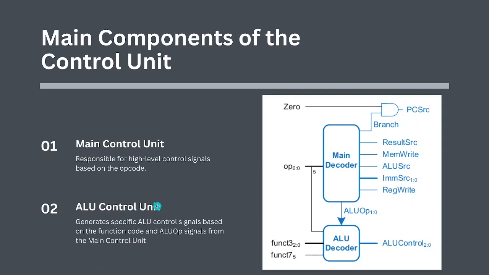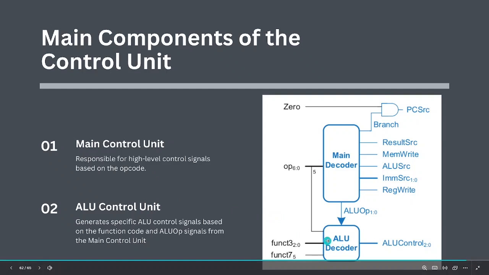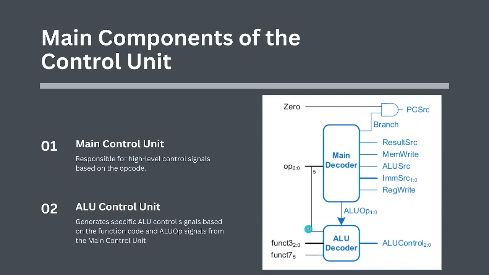Then we have the ALU control unit, which works closely with the ALU. The ALU control unit takes input from the main control unit, specifically the ALUOp signals, and uses those along with the function codes from the instruction to tell the ALU what operation to perform, whether it's an addition, subtraction, bitwise AND or any other operation.